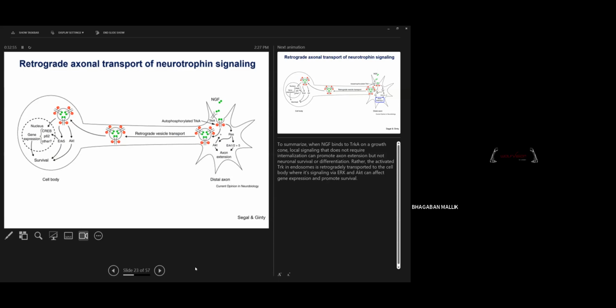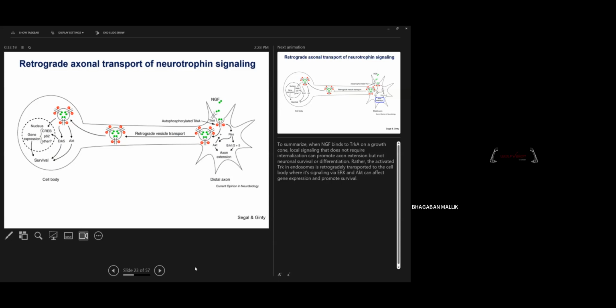They found that the neurotrophin receptors are present in this axon terminal. Here these are the neurotrophin receptors, and when the neurotrophins bind to this receptor, they get phosphorylated. There are two modes of activity, transient and sustained. For transient, they can activate RAS, and for sustained, they can activate RAP. And also there is endocytosis of this entire complex.